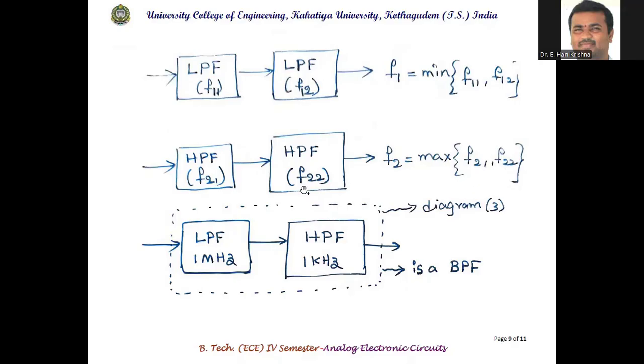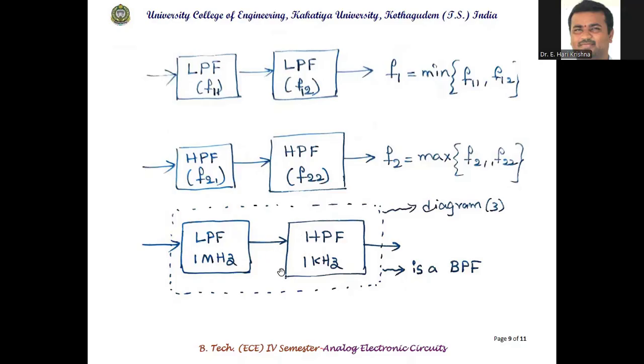Diagram 3 is a very important one, which exactly resembles the frequency response of BJT RC coupled amplifier and FET RC coupled amplifier.